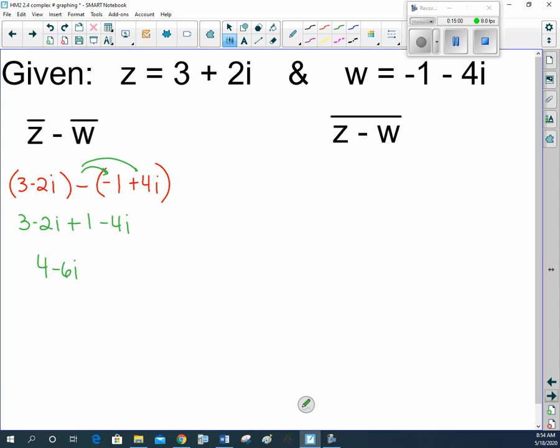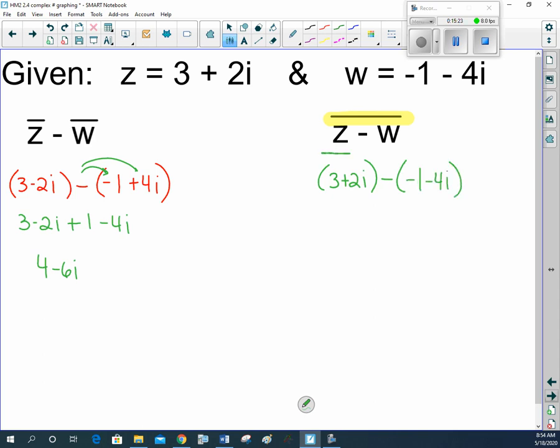Okay, over here, because this conjugate bar is over everything, what I'm going to do first is the z minus w, and then I'm going to take the conjugate of that answer. So z is 3 plus 2i minus w, which is a negative 1, subtract 4i.